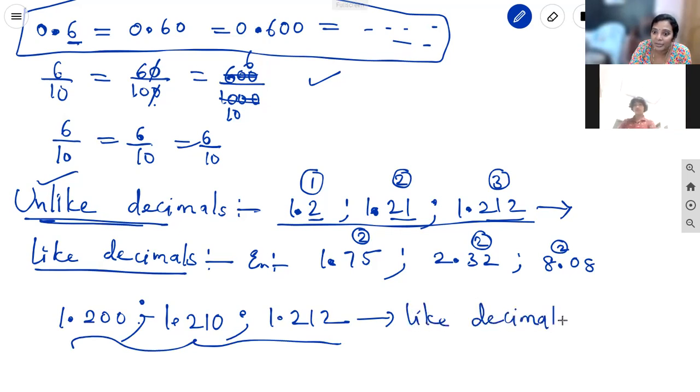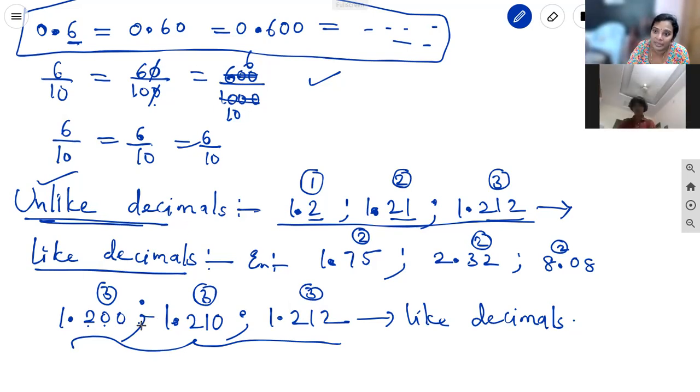Because now you can count after the decimal point how many digits are there. 3 digits are there, 3 digits, 3 digits.